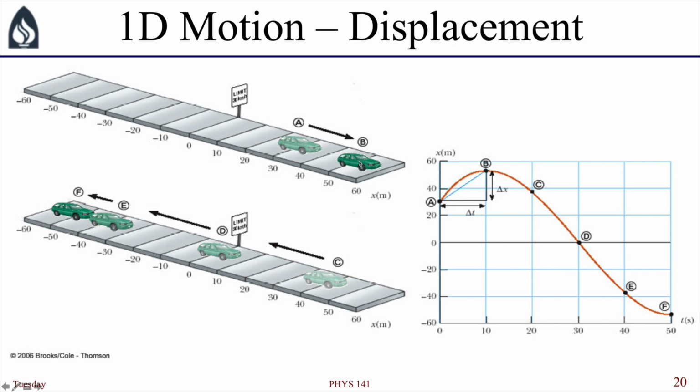It moves forward to this position which is just shy of 60 meters in the positive x direction, and then the car goes into reverse. So it starts backing up. At location D, it's at the origin, and then in locations E and F, the car is in the negative x direction. So we can make a graph of this motion. So we start out here at 30 meters in the positive x direction away from the origin.